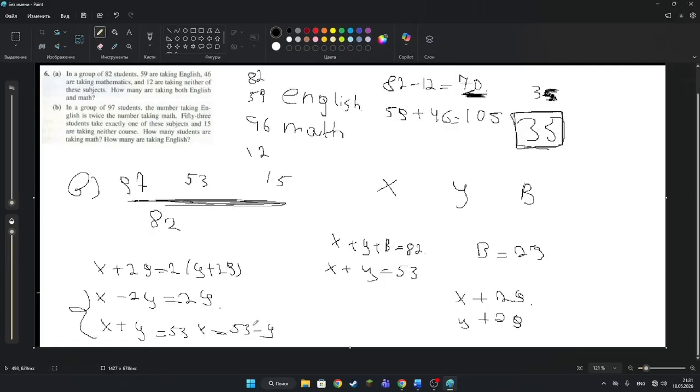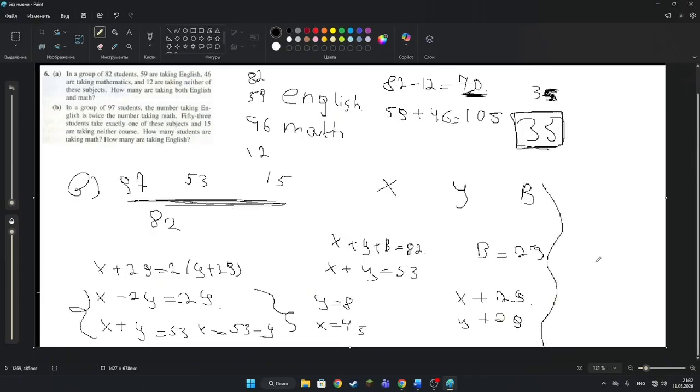If we calculate all of this, we get that y is 8 and x is 45. Then we just replace it.